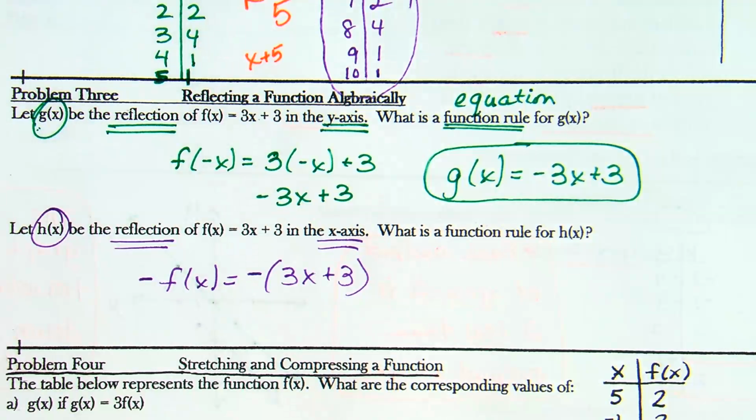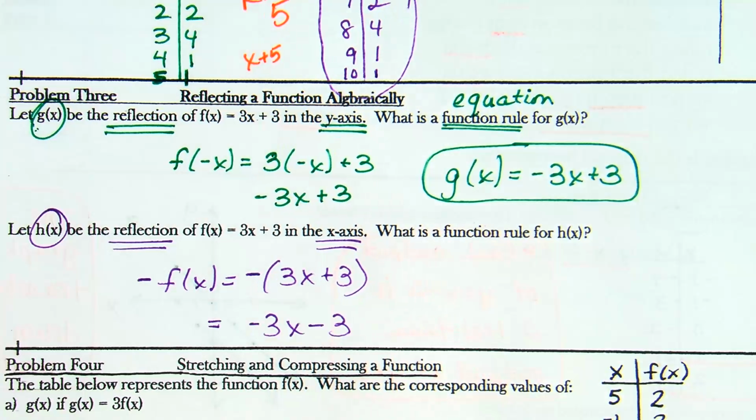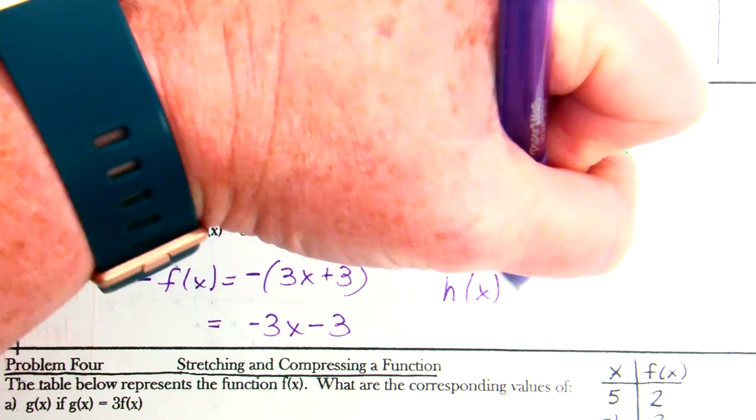And so notice the difference this time, both signs changed. Okay? So we end up with h of x equals negative 3x minus 3. Okay? So reflection, just watch and see, okay, x-axis or y-axis, how do you change the negatives?